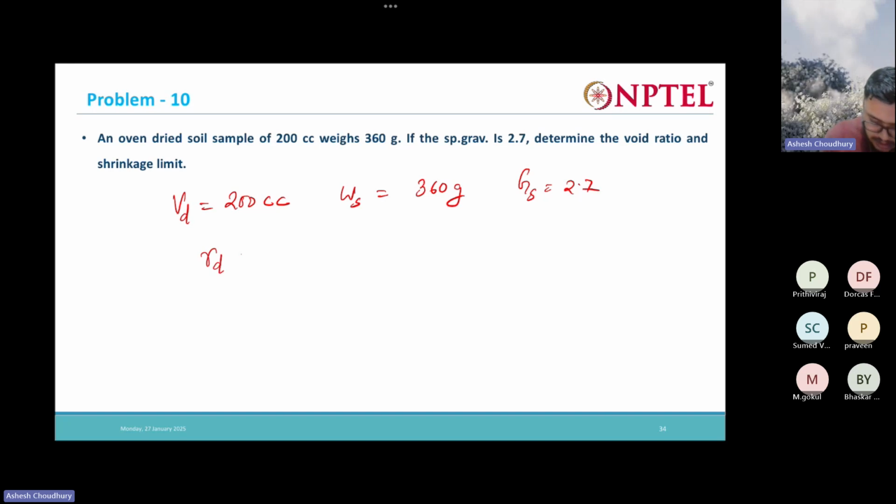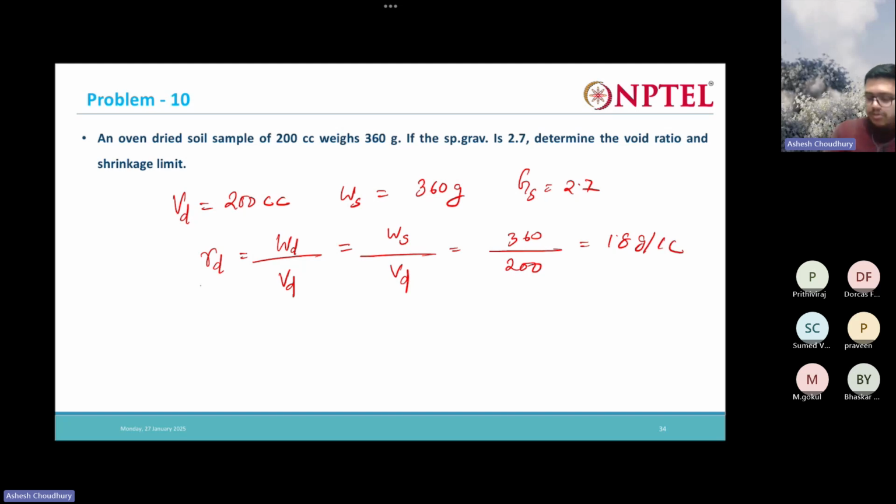Gamma d is nothing but Wd by Vd, so 360 by 200, it's 1.8 gram per cc.